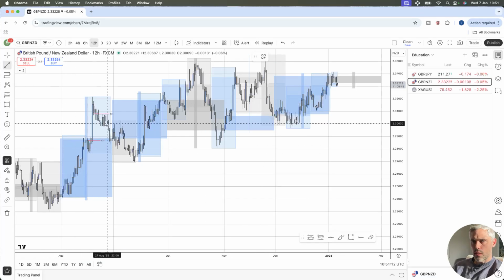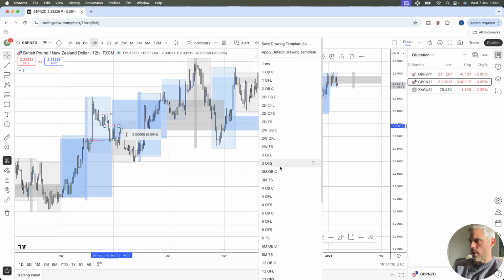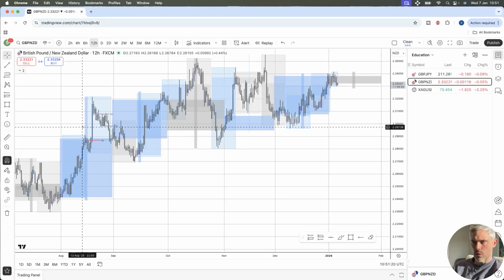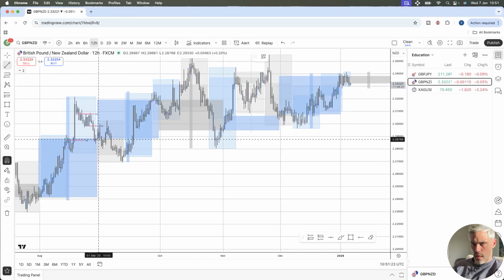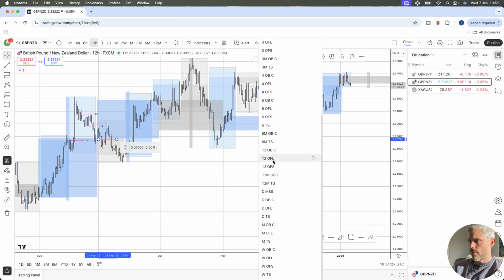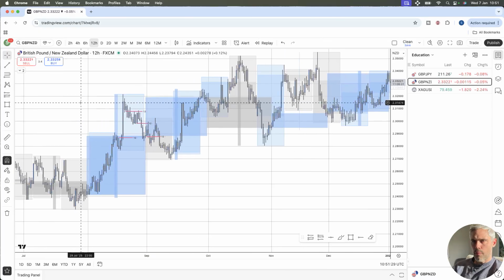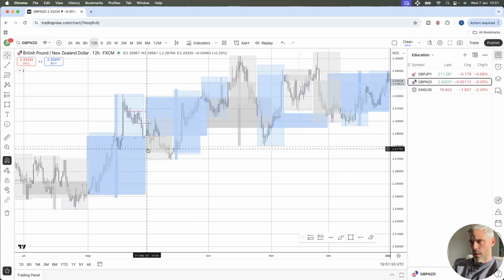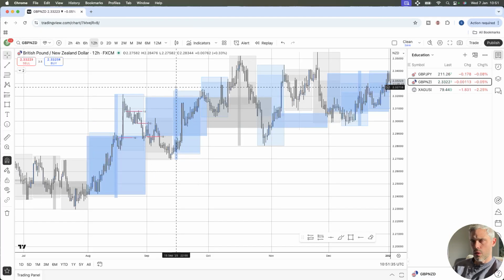And then what happens is that we trade into that, trade lower, and create another 12-hour order block. So this is all I'm doing, it's just marking these order blocks. And then we get another 12-hour order block. Price does look like it might want to go higher at this point, so people might be enticed in, looking to go long.